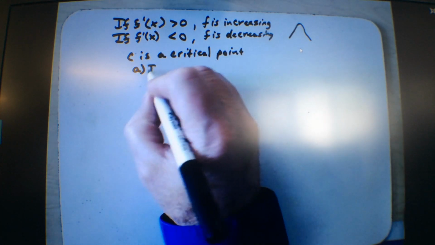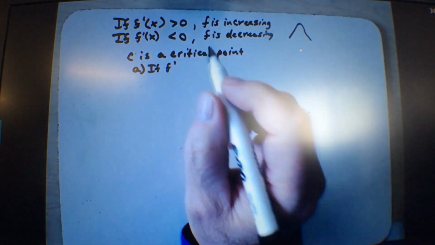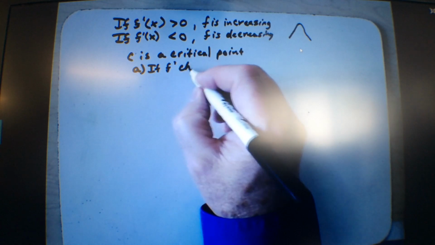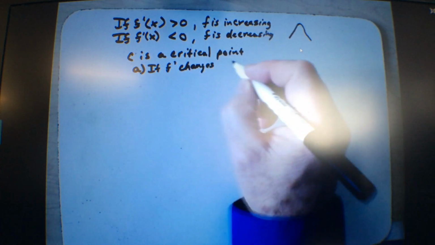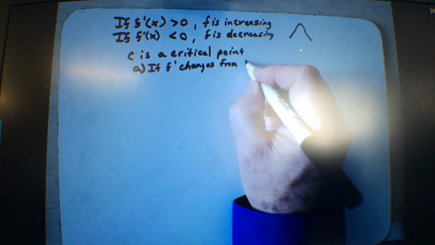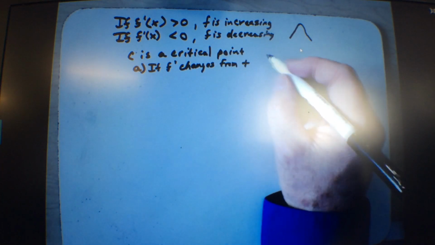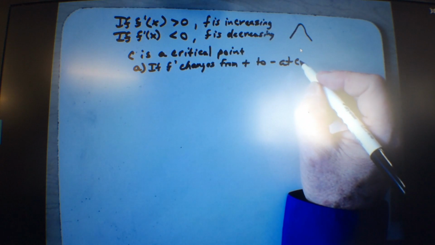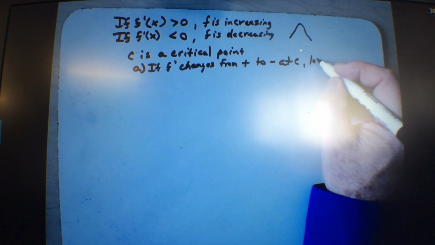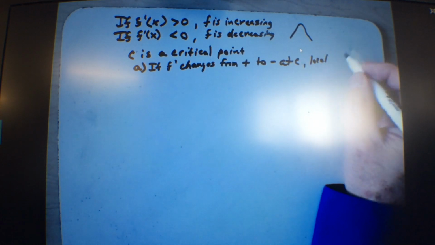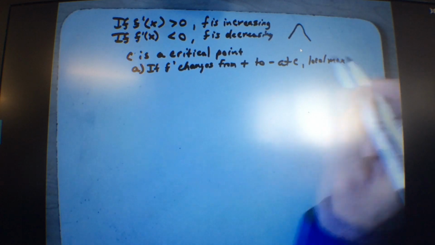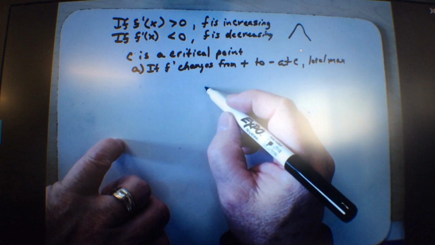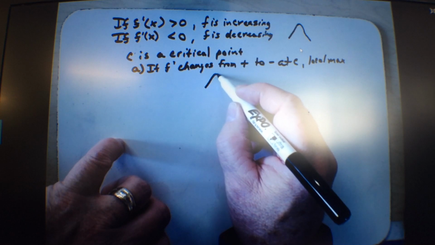If the derivative, which is f prime, changes from positive to negative at C, that means at that point, then we have a local what? Maximum. Max.